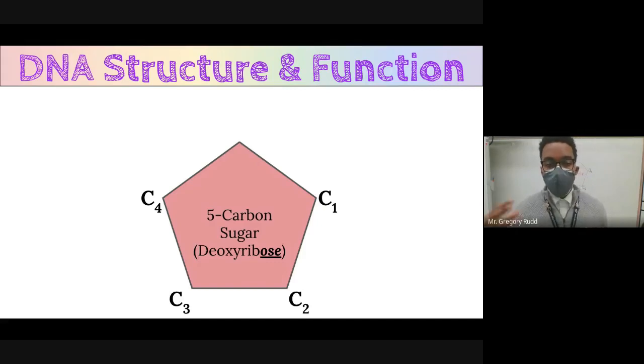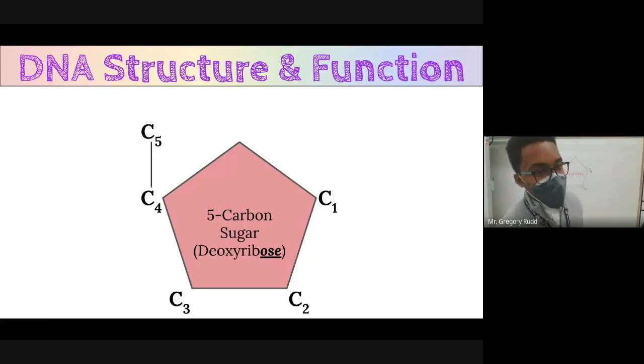Your 5th carbon is not actually within this pentagon. It's not in the ring. So that can be a little confusing, but it is still connected to the ring. It's just up there. It's kind of like a flagpole.